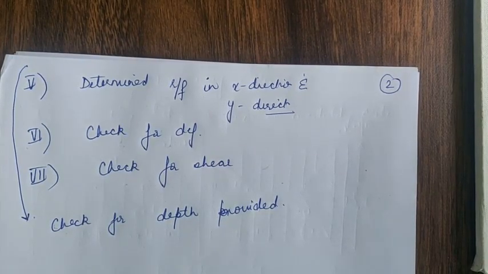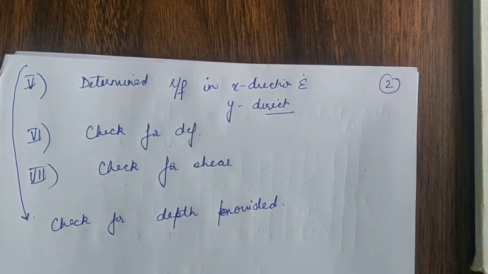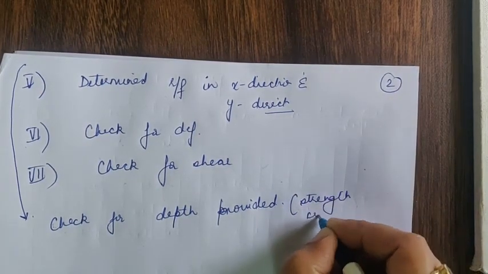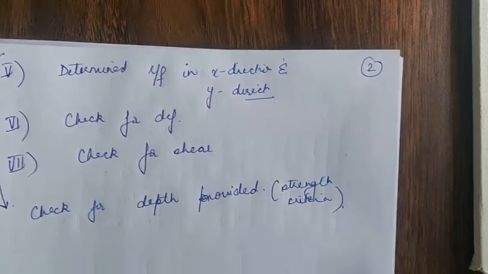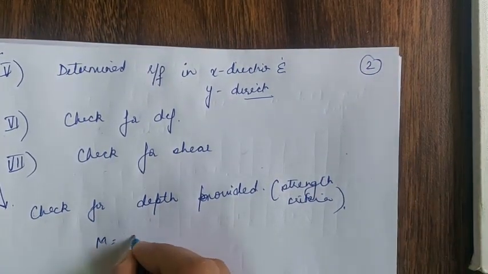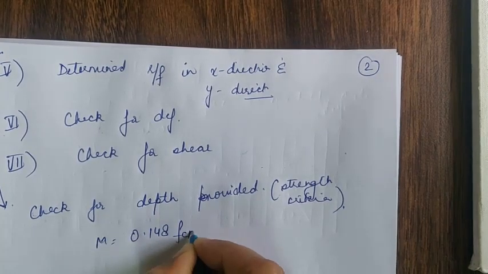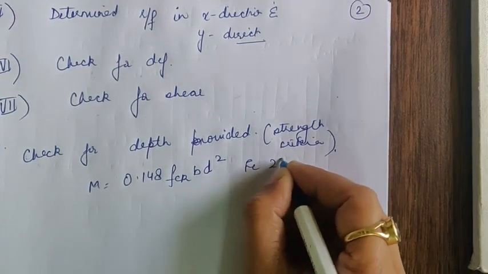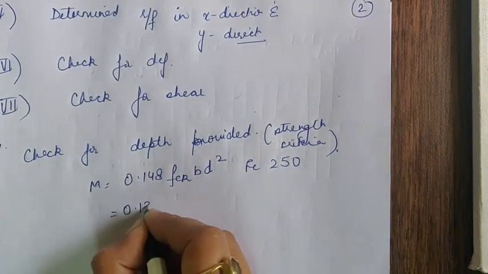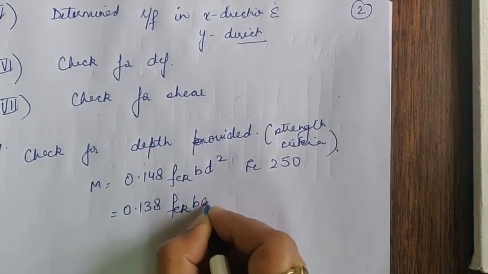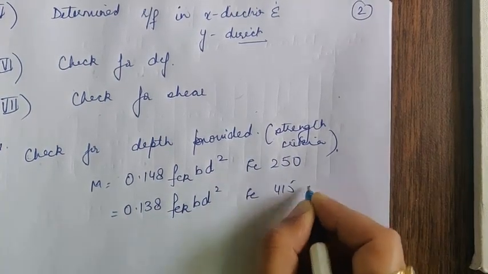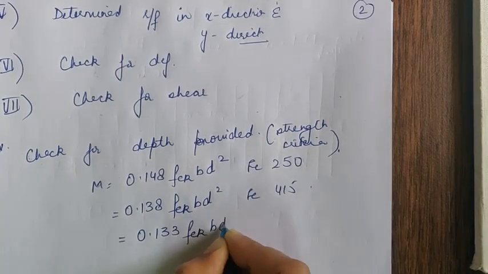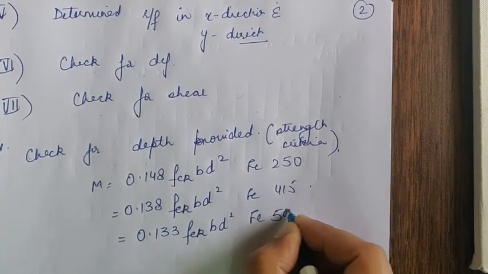I think you remember how we made that check? It was done with respect to the strength criteria. That is, we will compare M with 0.148 FCK BD square if it is Fe250, with 0.138 FCK BD square if it is Fe415, and with 0.133 FCK BD square for Fe500.